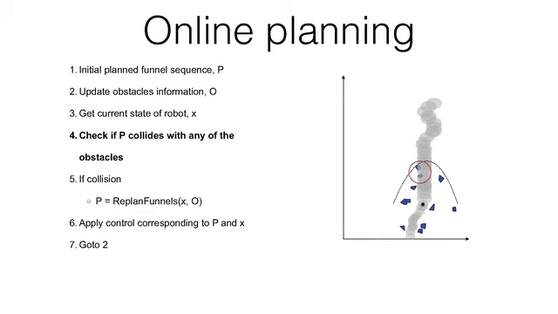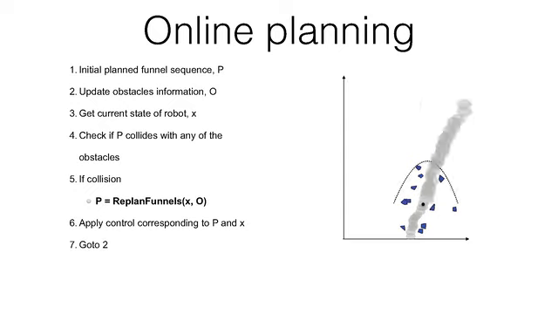Since it collides with the obstacles, you now need to replan funnels. So how do you replan? You have this library of funnels, so you go through each of them and find a set of funnels that starts with your current location and does not collide with any of the obstacles. So this is one possible new funnel sequence. And then again you apply controls corresponding to that new sequence, and do the loop.